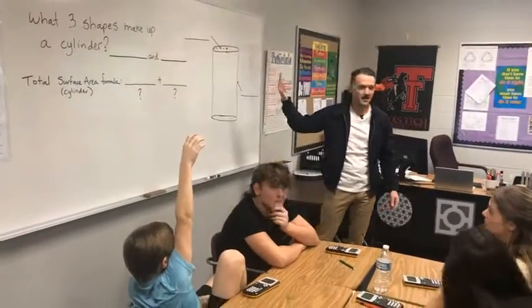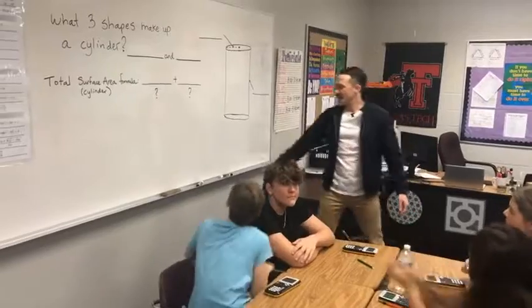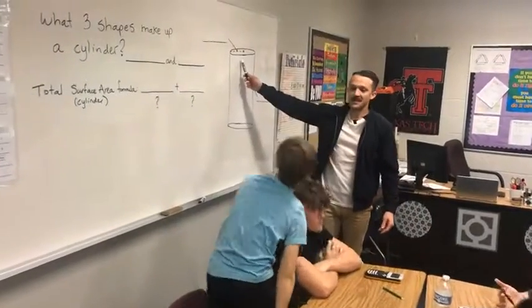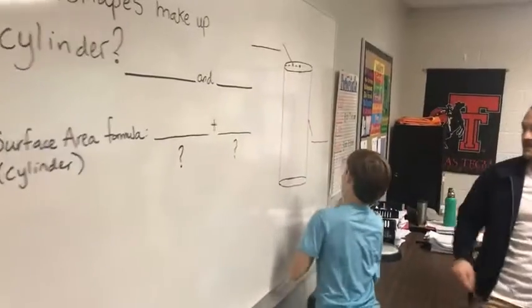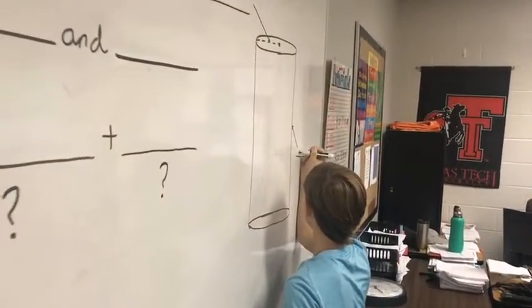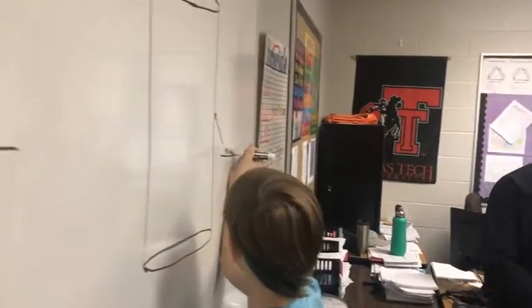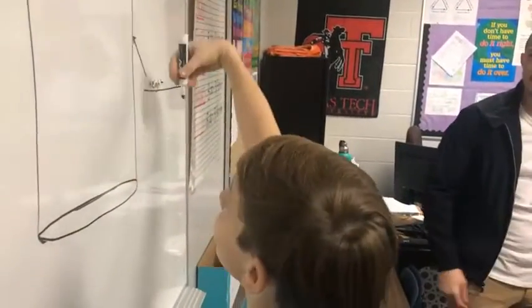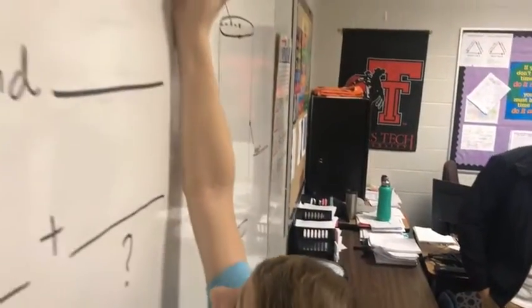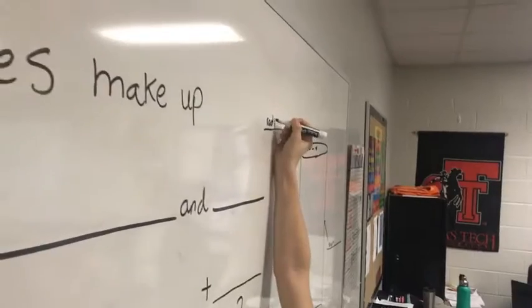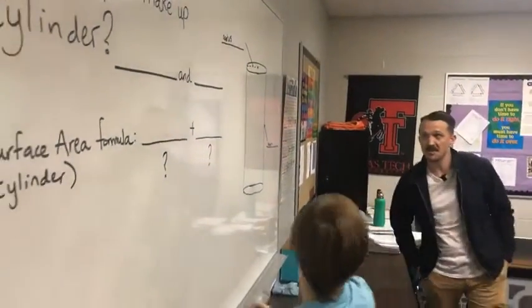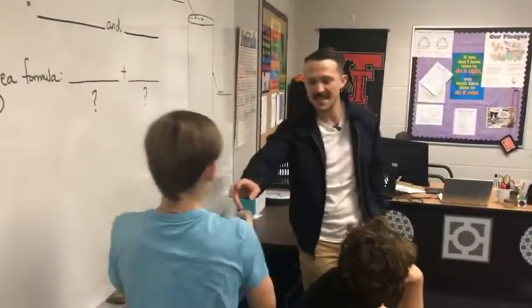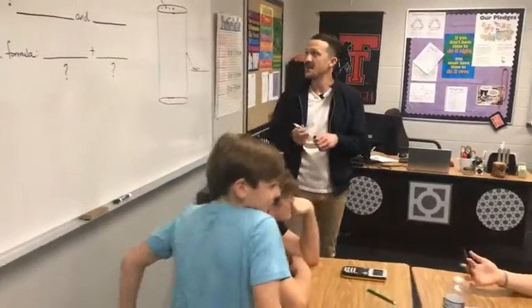So Braxton, you want to come up here and write what this piece of the cylinder is, and then that. And you can tell the class too. So this is the height of the cylinder, and then this is the radius of the cylinder. Okay, perfect. So those are the two key components we're going to need to find the surface area of the cylinder.